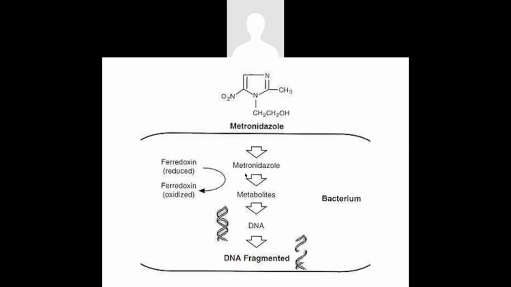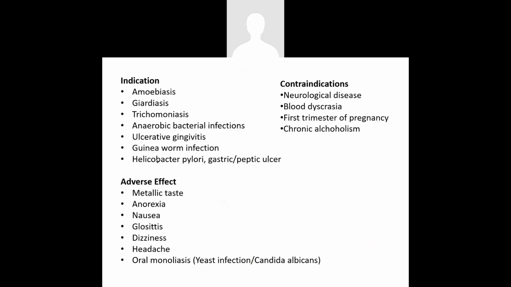Metronidazole gets inside the body and is converted to a metabolite, which prevents the reduction of ferredoxin to ferredoxin oxidase, which is the electron transport, and so leads to DNA fragmentation and cellular death.